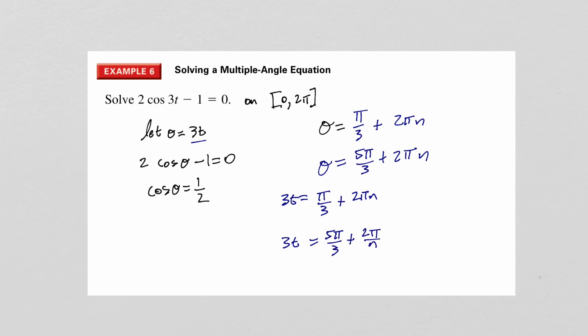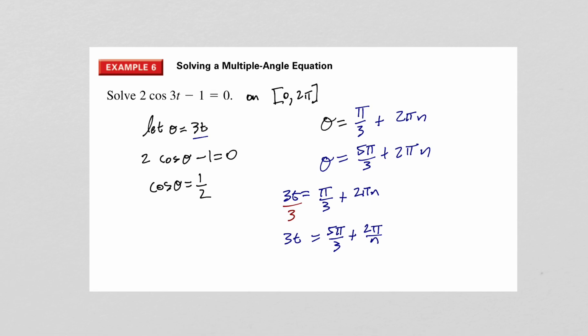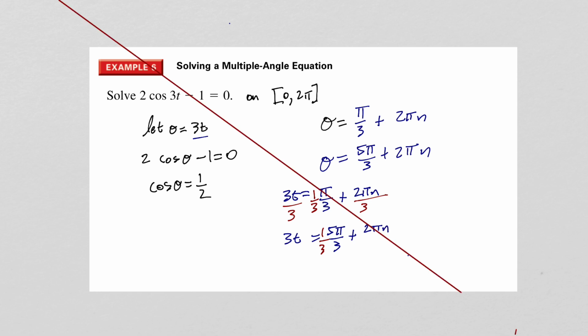I'm going to isolate the t. So I need to divide everything by 3. Dividing by 3 is the same as multiplying by a third. Divide this by 3. Multiply this by a third. This should say 2 pi n, not 2 pi over n. By n, divide that by 3.